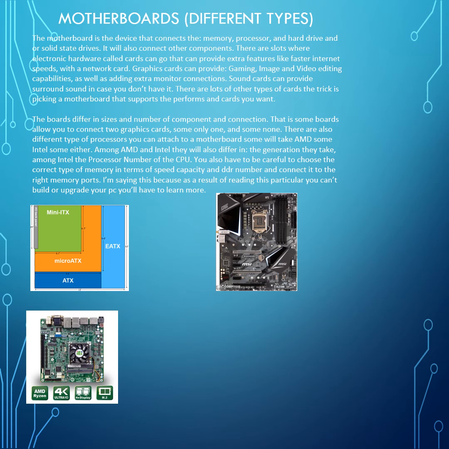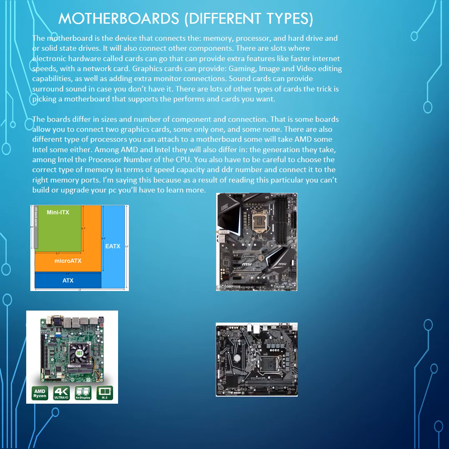This is a Mini ITX, one of the smallest, and this is a Micro ATX, the third from largest. So you can see the labels underneath them now. I probably could have done this a bit better. Let's move on.